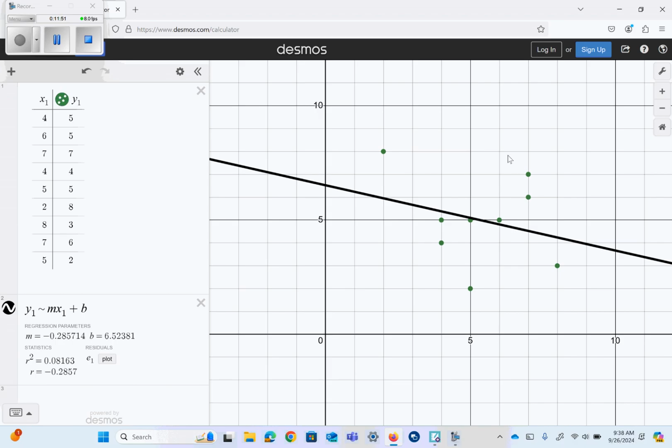So basically the calculator does an iteration. It thinks it has a line. What this R value really means is this: the average distance that the points are away from the line. So remember yesterday I showed you the residuals?